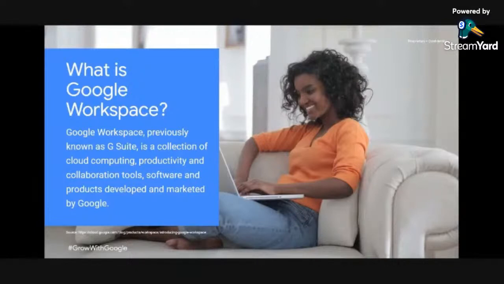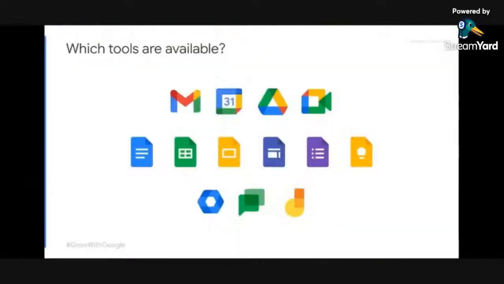But which tools are included within Google Workspace? Well, let's have a look. The following tools are available as part of Google Workspace, and these include Google Docs, Gmail, Calendar, Drive, Meet, Keep, Chats, Jamboard, Admin Console, Sheets, Slides, Sites, and last but not least, Forms.